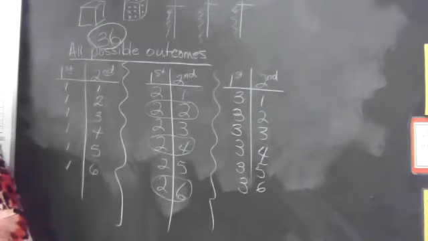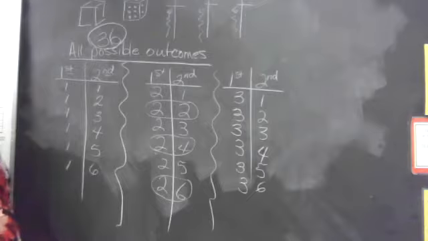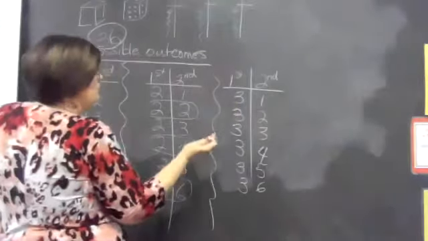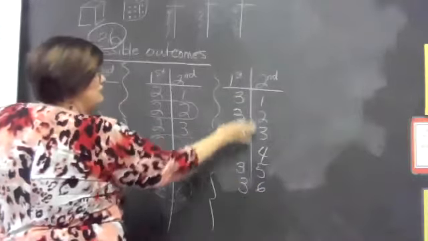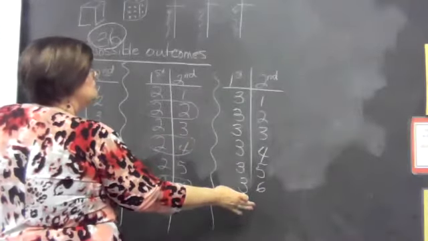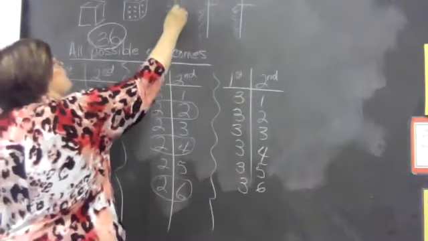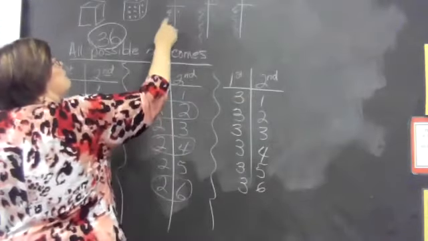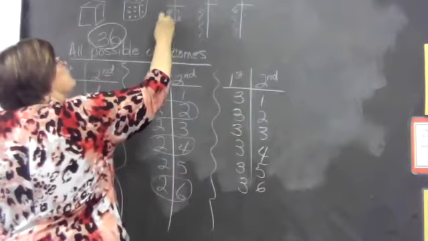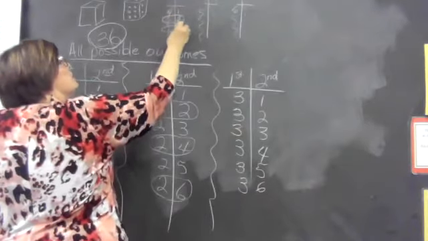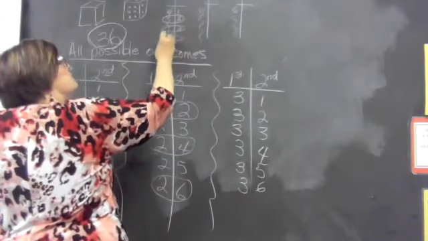So far, so good, right? Are y'all with me? Yes. Okay. Now, 3 isn't an even number, so none of these could fit this question. 4 is an even number, but 1 is not. 4, 2 is one. 4, 4 is one, and 4, 6.